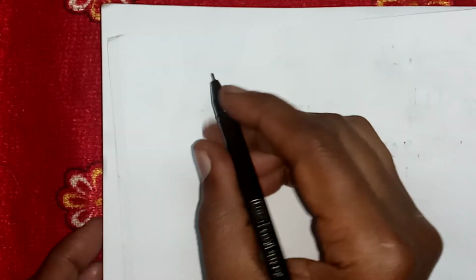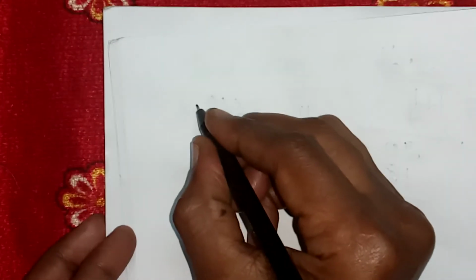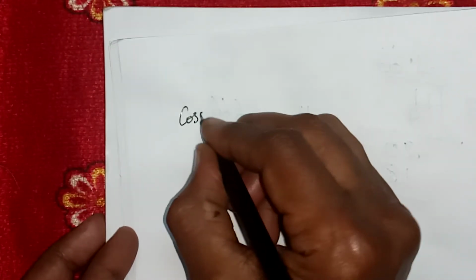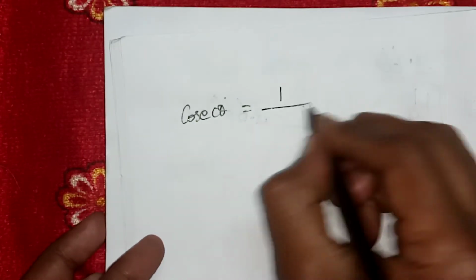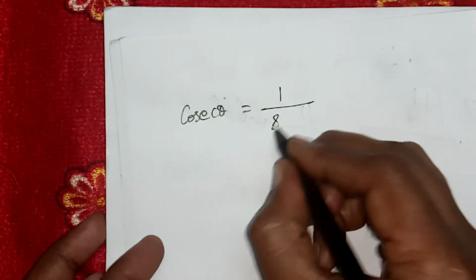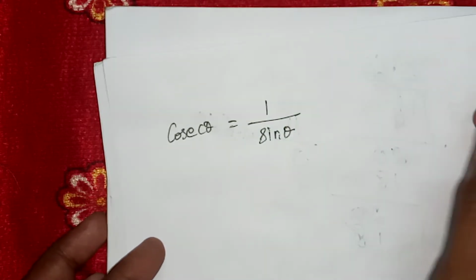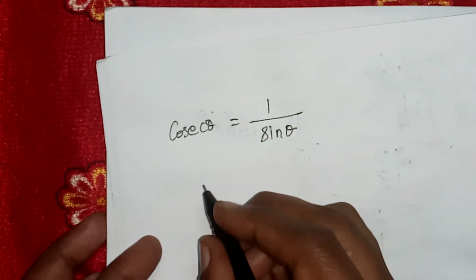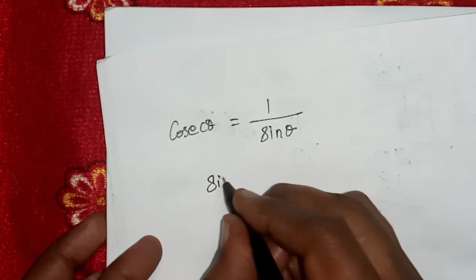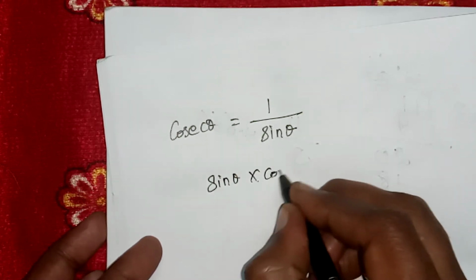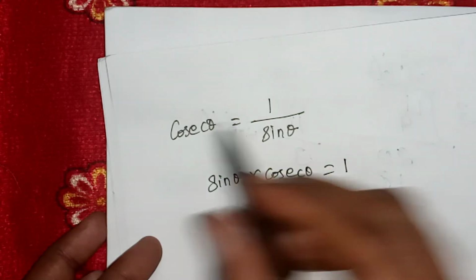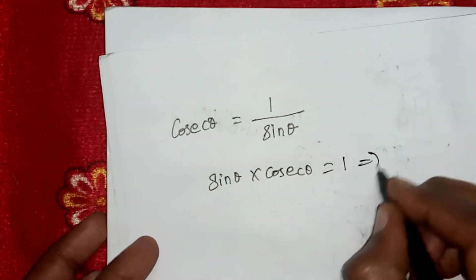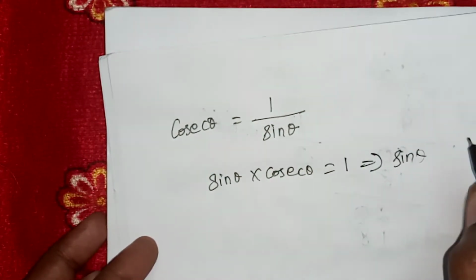Next, I am explaining some notes. Already I have explained that cosecant theta is the reciprocal of sin theta. So we can write cosecant theta is equal to 1 by sin theta. From this, sin theta into cosecant theta is equal to 1.